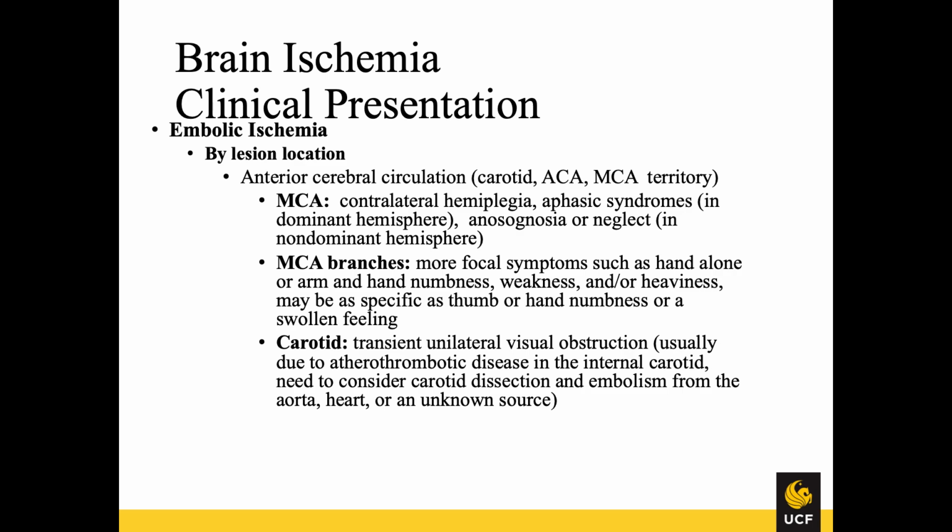In the carotid region, you're going to see more transient unilateral visual disturbances, usually due to atherothrombotic disease in the internal carotid, and you need to consider carotid dissection and embolism from the aorta, heart, or an unknown source when you get this carotid type of symptomology as well.